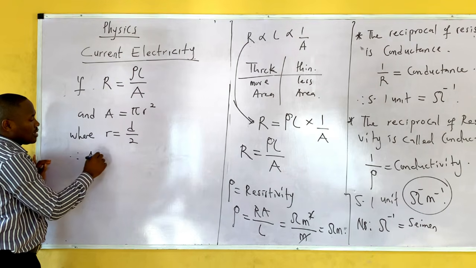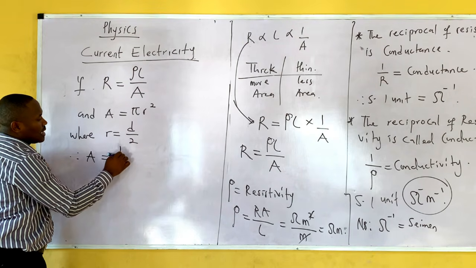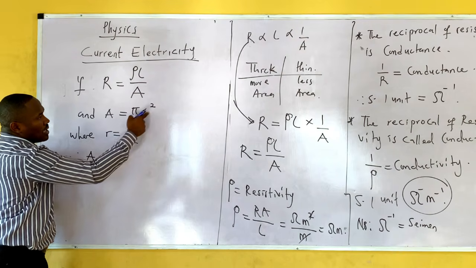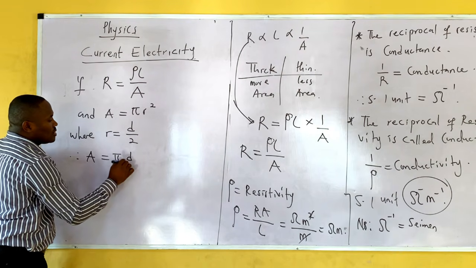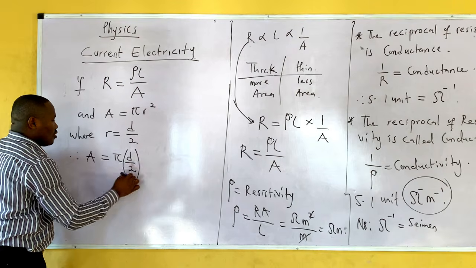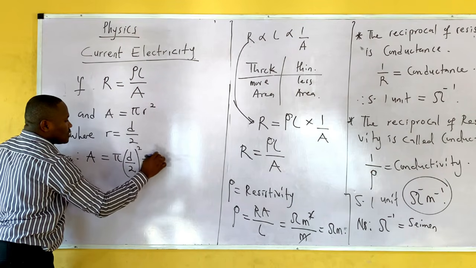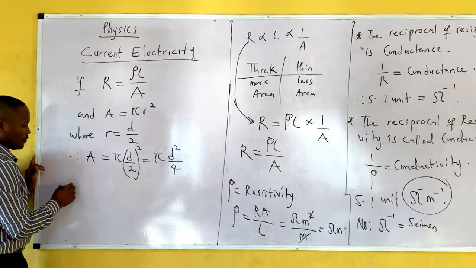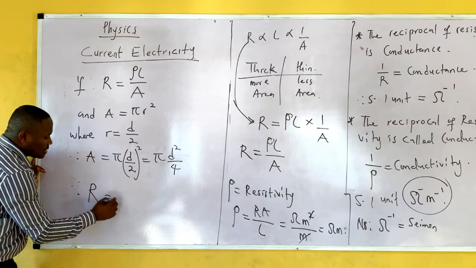Therefore, what will be A? Instead of pi r square, it can be pi times d over 2, all in bracket square, which equals pi d square over 4.